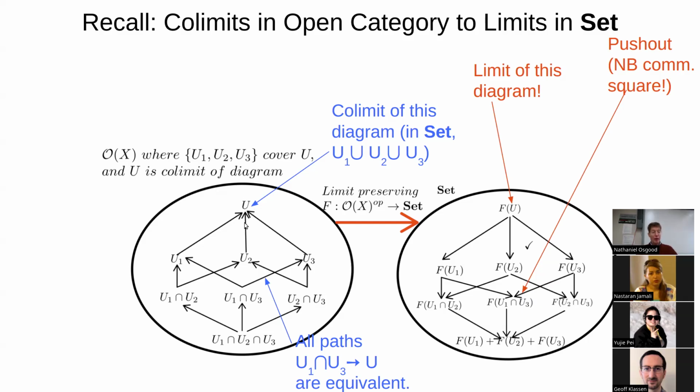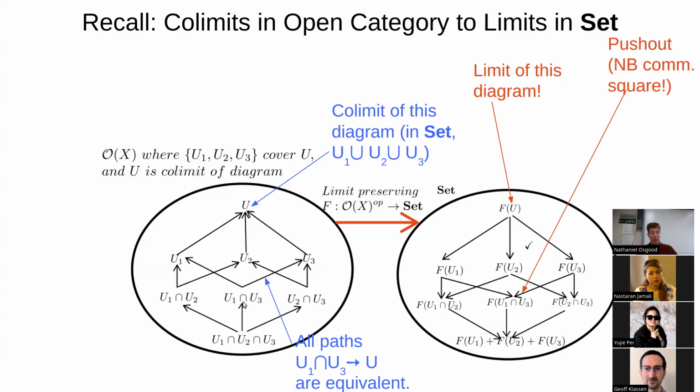U is the co-limit of this diagram. It's the union of all these things. And remember, these are inclusions, and this is a pre-order category, or you can say a poset category. All paths from A to B are equivalent.